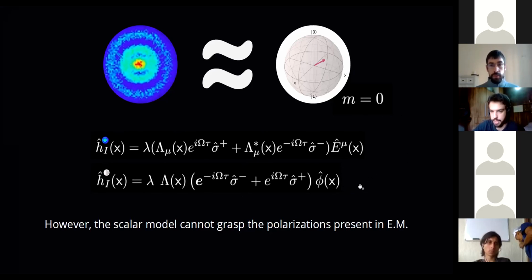There's no angle dependency here, but this is exactly because this is a scalar field. There's no way a scalar field would be able to grasp the intrinsic vector features of the electromagnetic field. But in every other aspect, they're very similar. If you shoot a particle in the electromagnetic case, you do see the probability decreasing, and everything. Overall, the two models are very similar for probing one-particle states, at least in the regime that I've considered here.